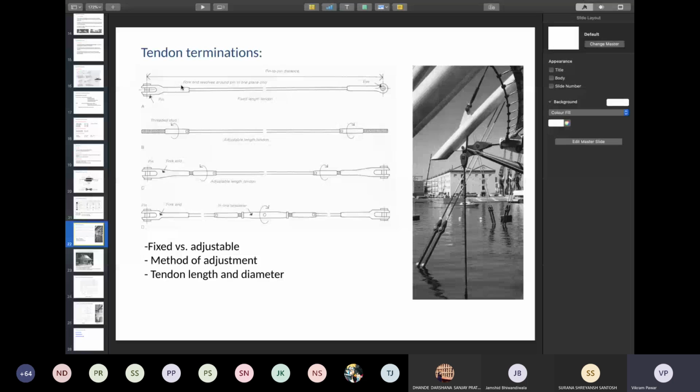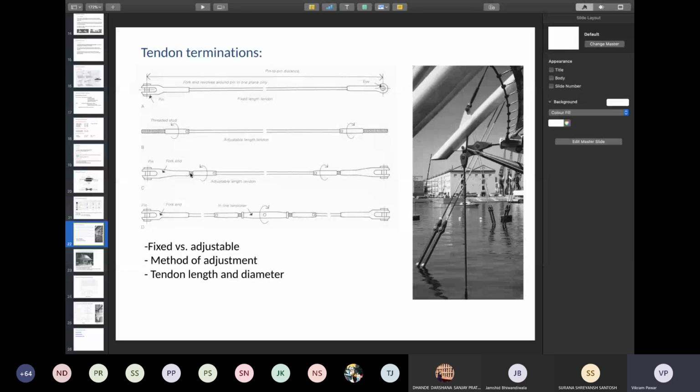You can have adjustable ones, so these are used at the ends over here. The second one, the B type, is where there is a turnbuckle, a threaded stud, which is used somewhere over here. So these threaded studs are used to adjust. You can have a combination of this.